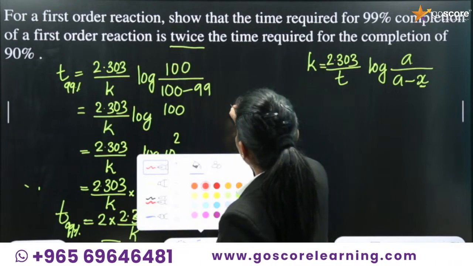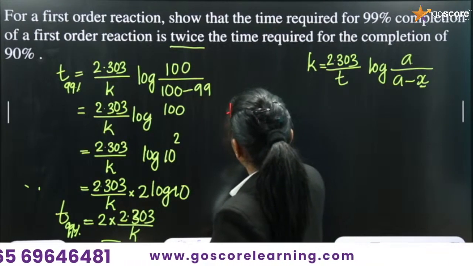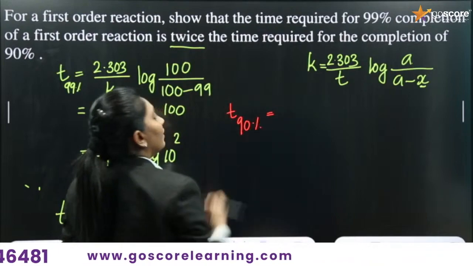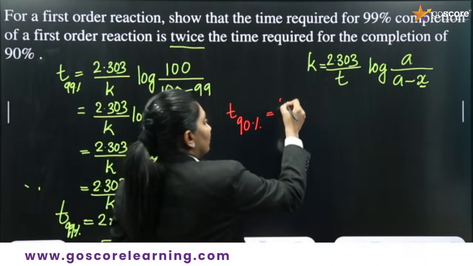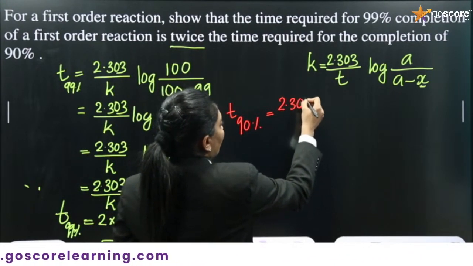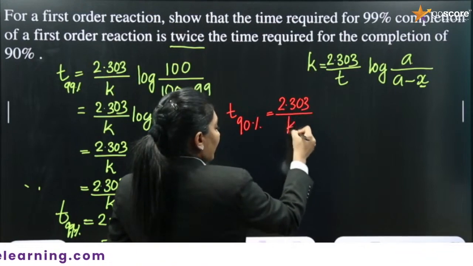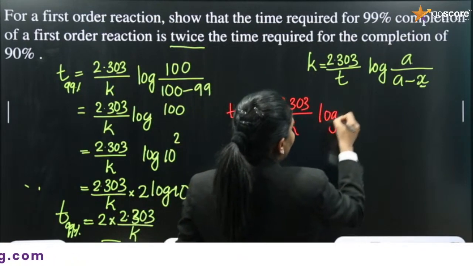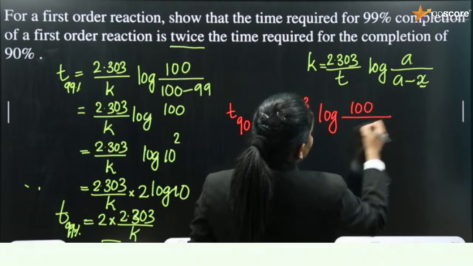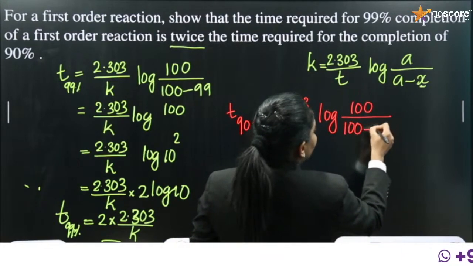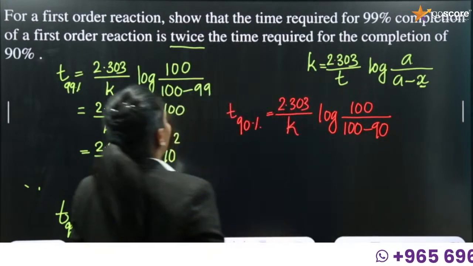So for T 90%, how it will be? It will be 2.303 by K into log 100 minus, what is the value of X here? It will be 90, right?